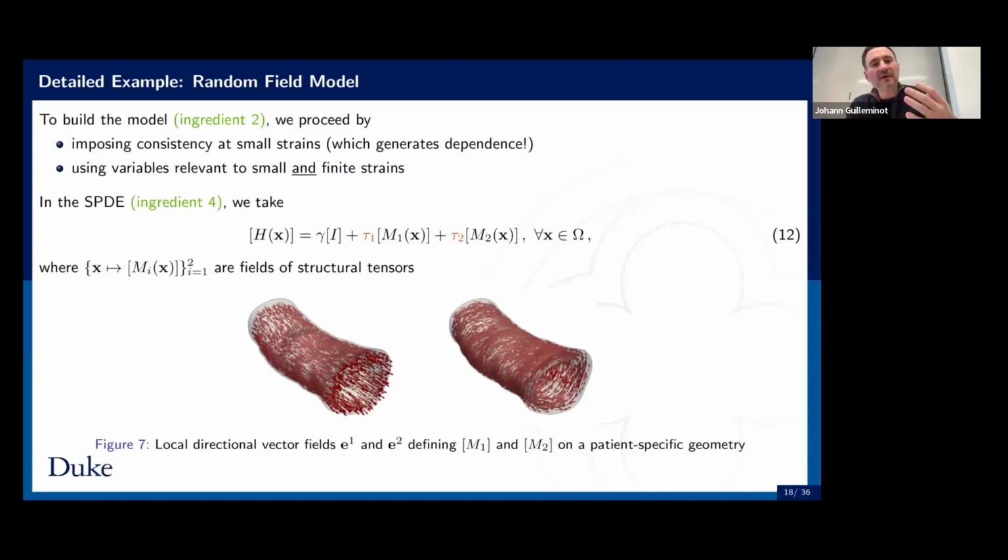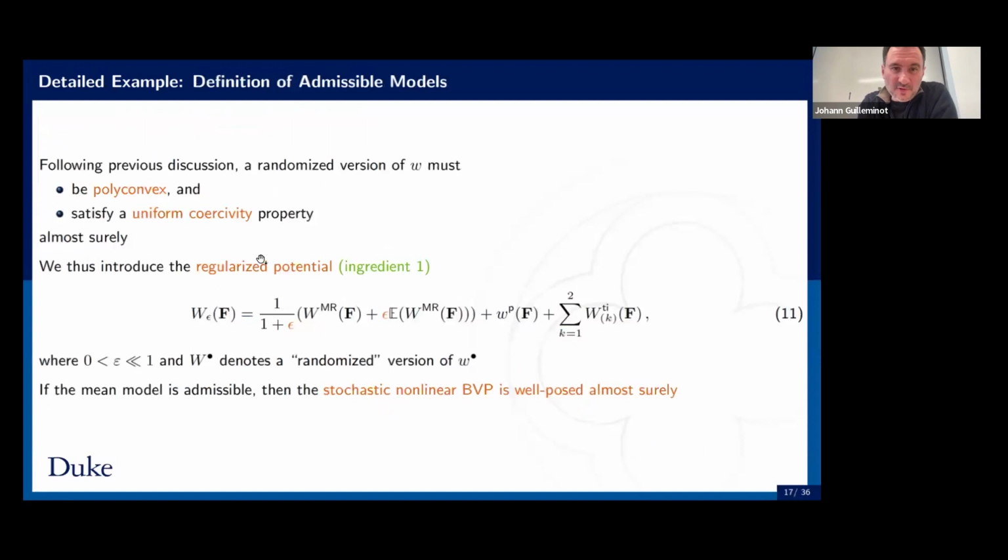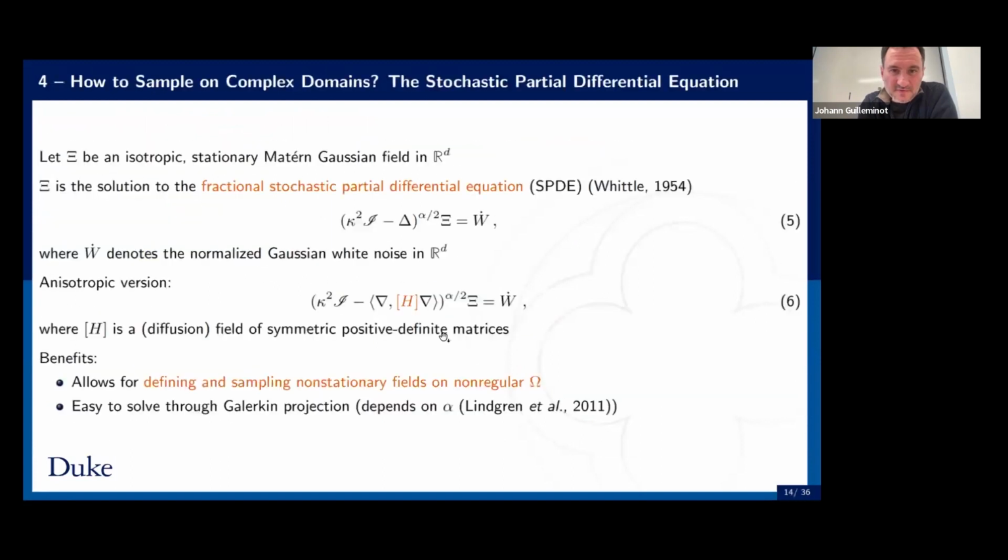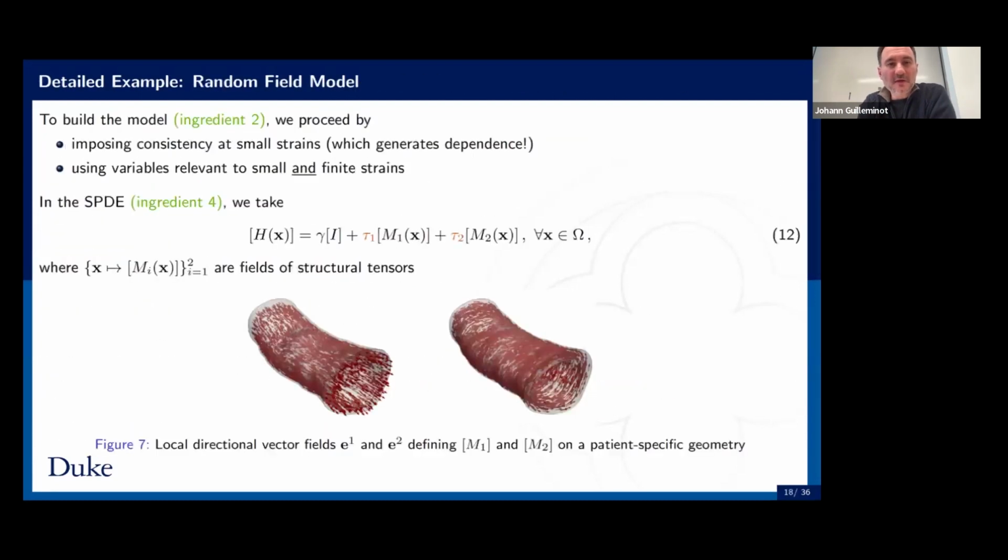Now, the fourth ingredient is: how do I sample on this manifold? One way to do it very efficiently is, if you remember, I have this H, and this H is essentially setting the path my operator is going to take to filter the white noise. To do that, we are using specific algorithms that define principal directions on the tissue.